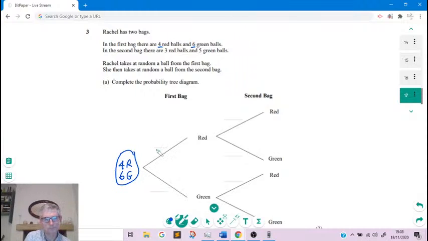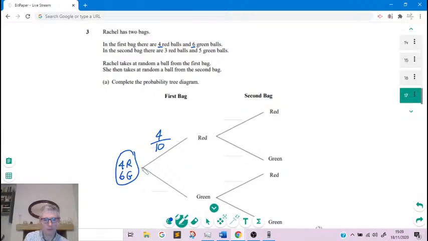From that, we need to know what the probability would be of picking a red counter. The probability is 4, because there's 4 red counters, out of the total number of counters in the bag. So we need to add the 4 and the 6 together to get 10. That's 4 tenths.